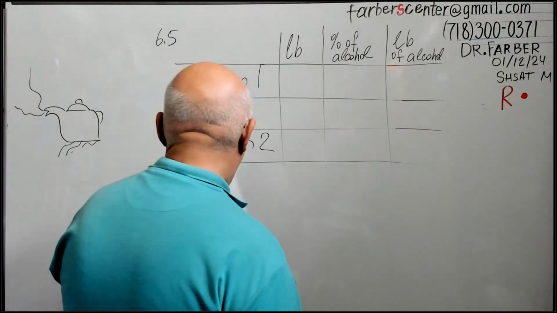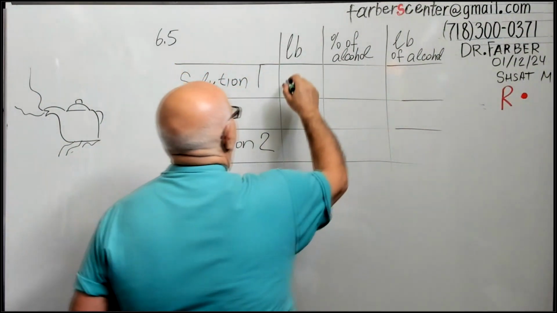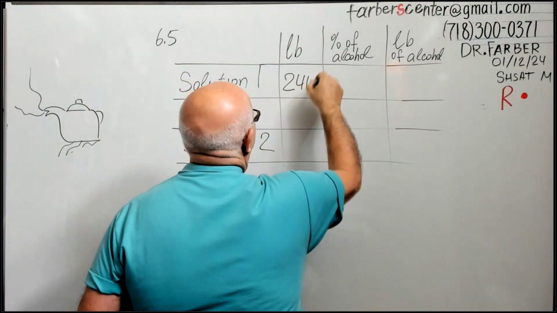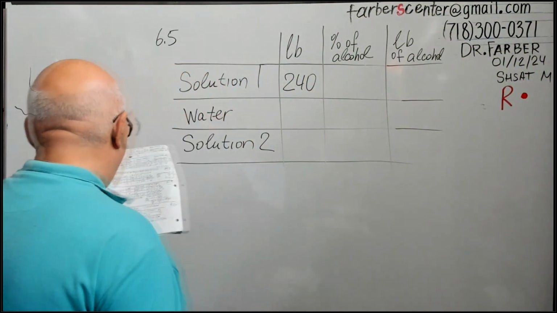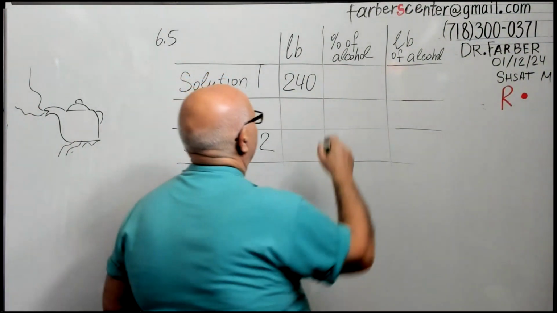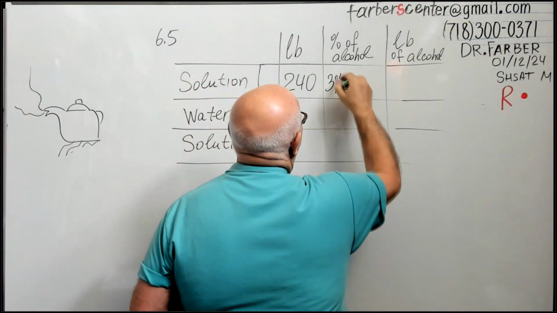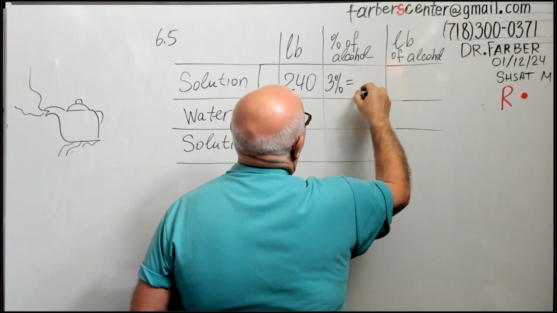And what do you know? It was 240 pounds of solution 1, and the percent of alcohol was 3%, which is 0.03.